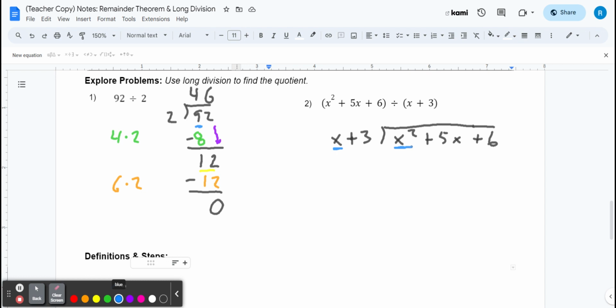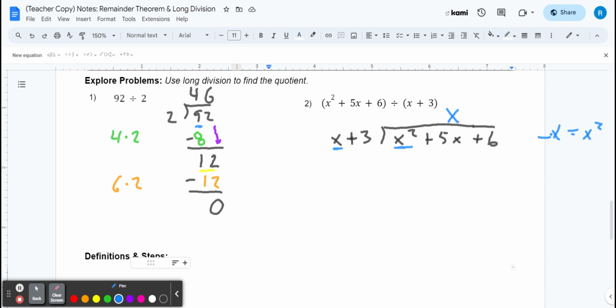It gets really confusing if we focus on anything else, just because there's a lot going on. If we focus on these leading terms and think, what times x gives me x squared? And you don't have to write that if you don't need to. We should know that the answer is x there.